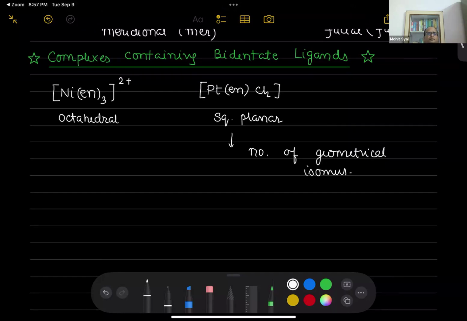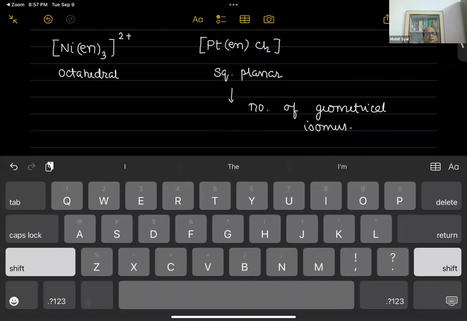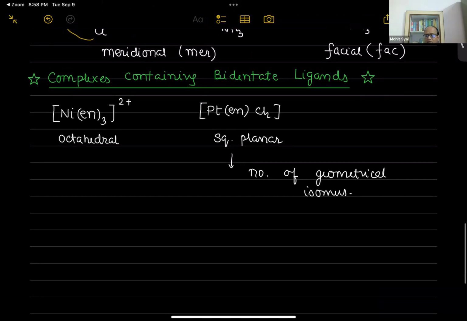Got it? How many geometrical isomers can you have? Aisha, Marwa, Jaslin, tell me quickly.